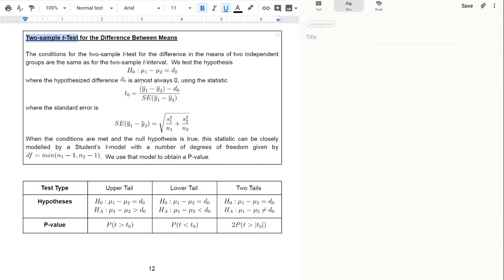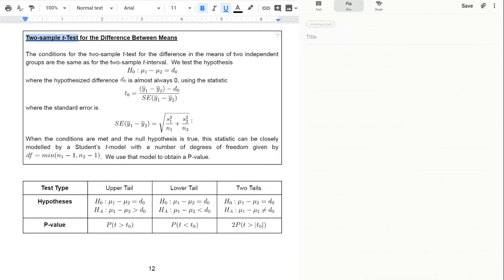Now, to find our test statistic, we will look at standardizing our t-score. So we do this by finding the difference between the two sample means, so y1 bar minus y2 bar. We will subtract the hypothesized difference, which will typically be 0, and then we will divide by the standard error. And recall that the standard error for the difference between two means is given by this square root formula.